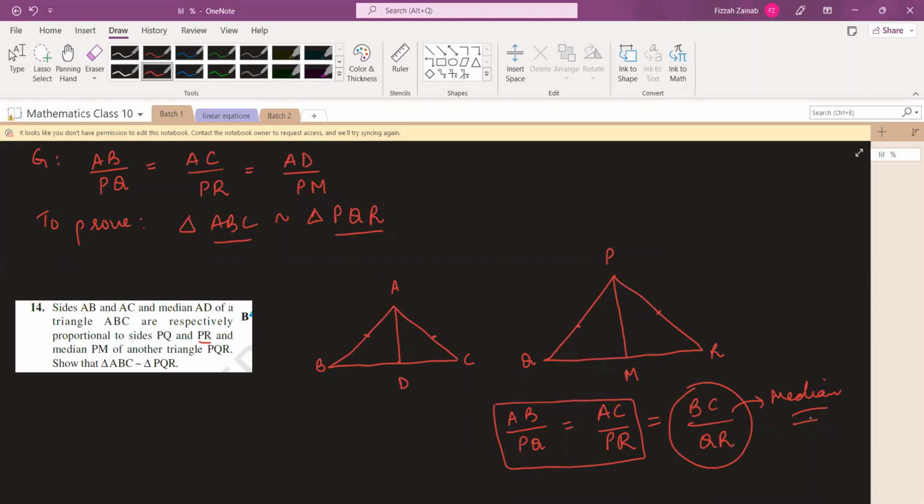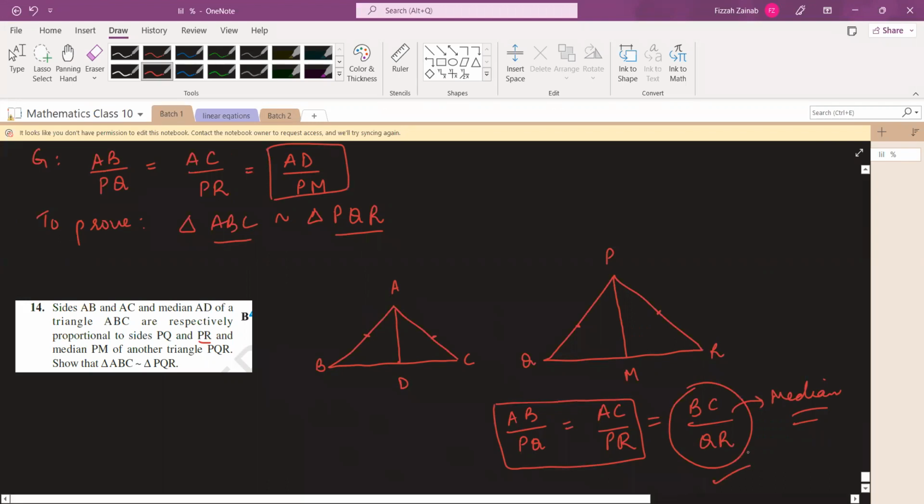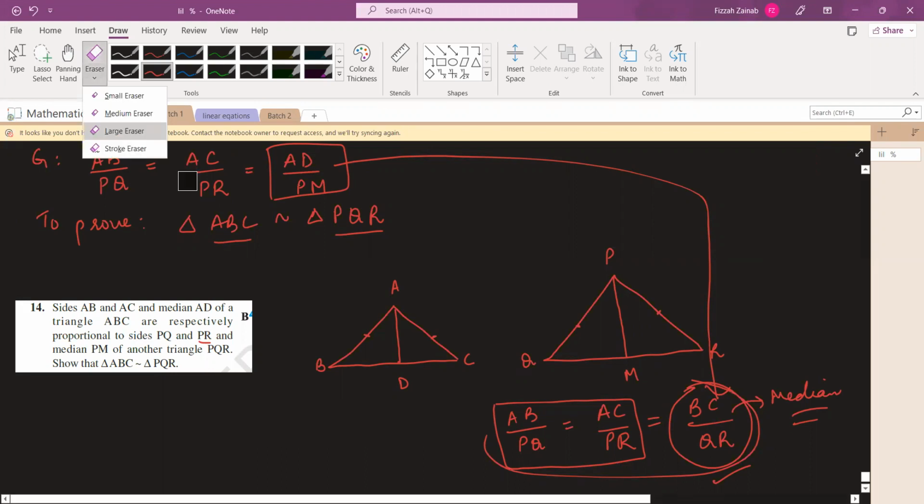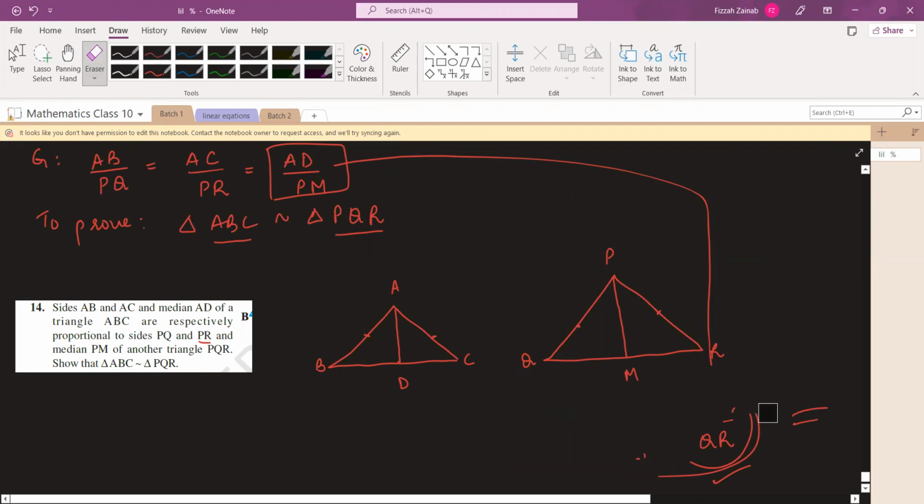So somehow we have to change this median into this side, so that all the sides are in proportion and then we can say that the triangles are similar. Getting the point? So let's see how we can convert this median into the side of the triangle.